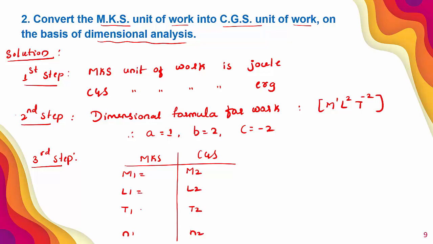Now tell me the values of M, L, T in MKS. M1 equal to 1 kg, but in CGS it is 1 gram. Length is measured in meter in MKS, but in centimeter in CGS. Time is the same in both cases, 1 second. Here N1 equal to 1, and we have to calculate N2. These are the 3 steps.